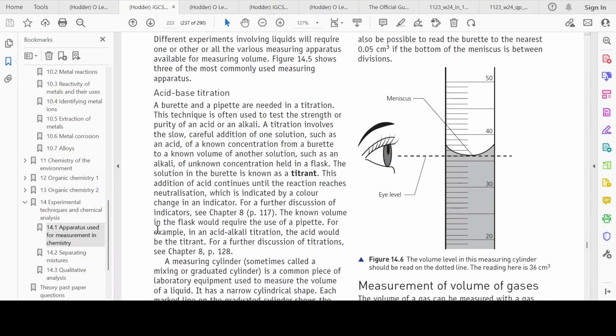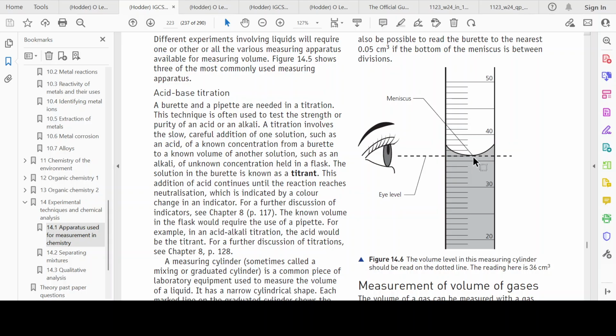For the thermometer, we saw the upper meniscus when the liquid in the thermometer had a convex shape, curved upwards. Here's an example of a concave meniscus, and so you do not read the upper edges. You don't read from here where the liquid is touching the sides. You read the lower meniscus, the lower edge of the curve.